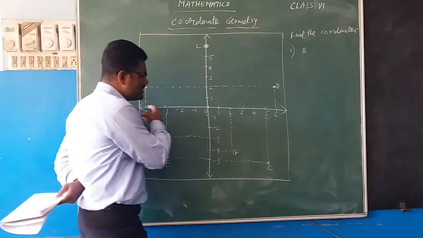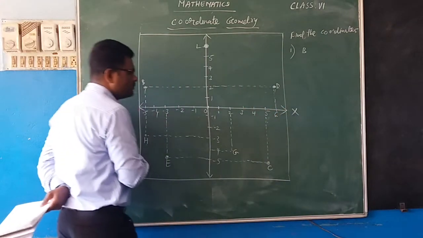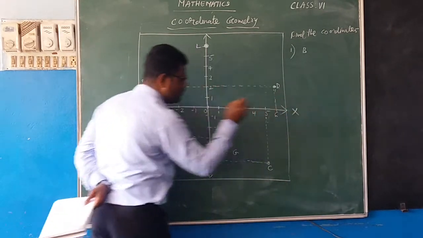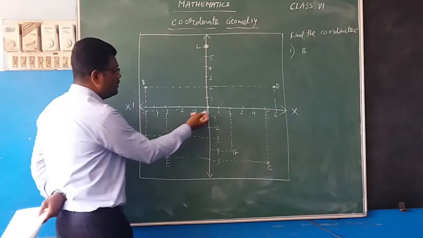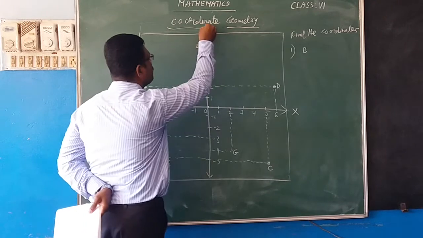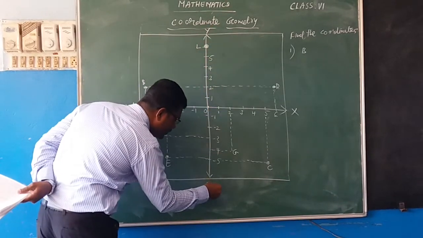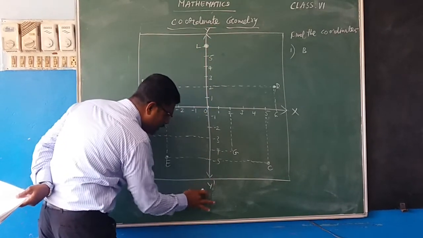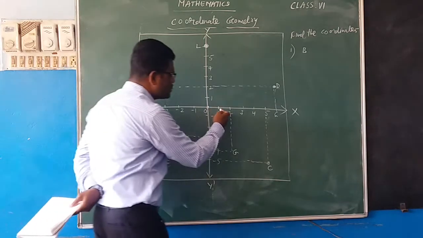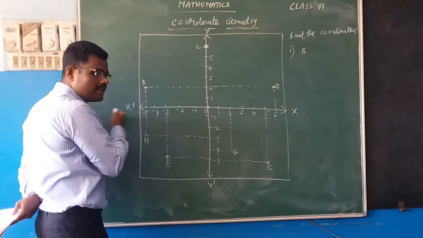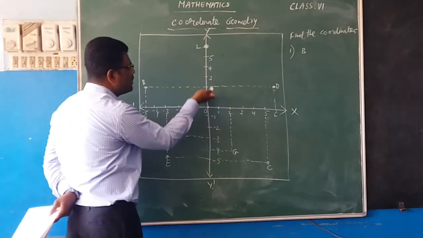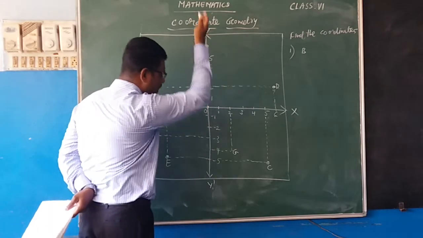As I said, this is the x-axis. When you move rightwards, you will get positive numbers. When you come leftwards, you will get negative numbers, x dash. This is the y-axis. When you move upwards, you will get positive numbers. When you move downwards, you will get negative numbers. Plus 1, plus 2, plus 3, plus 4, plus 5. Minus 1, minus 2, minus 3, minus 4, minus 5 like this.